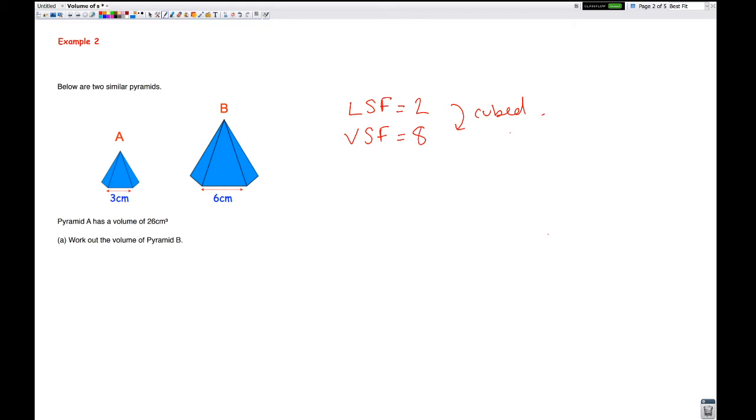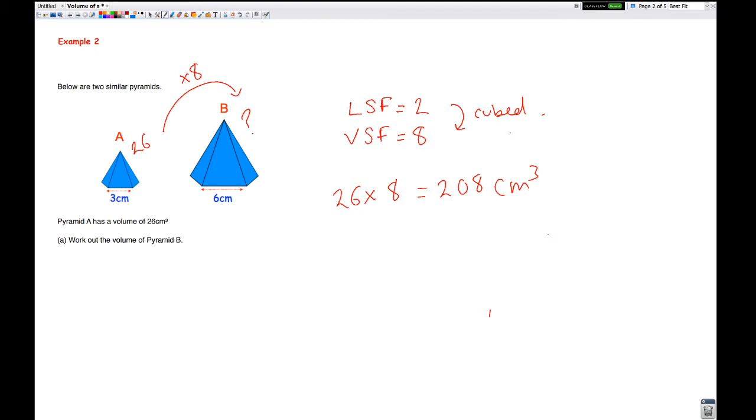We've got pyramid A, the smaller, with a volume of 26. We want to find out B, so we multiply by 8 to get the volume of the larger pyramid. So here we would do 26 multiplied by the volume scale factor, which is 8, which gives us a volume of 208 centimetres cubed.